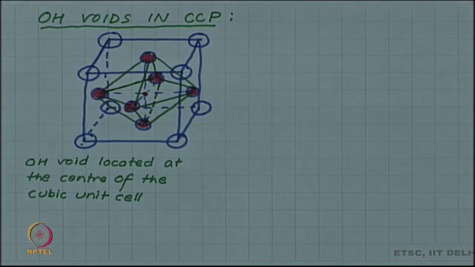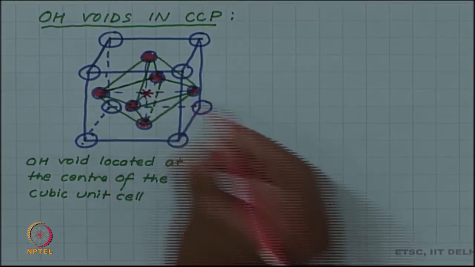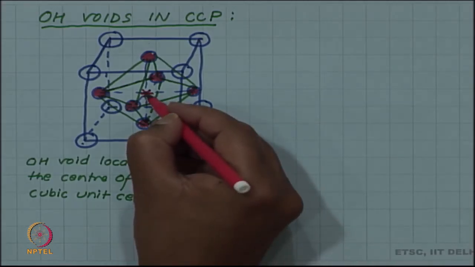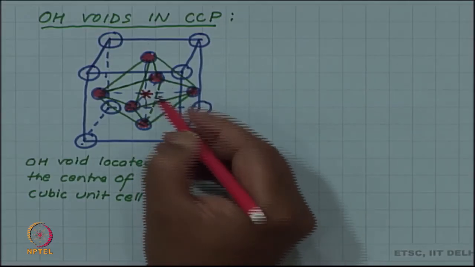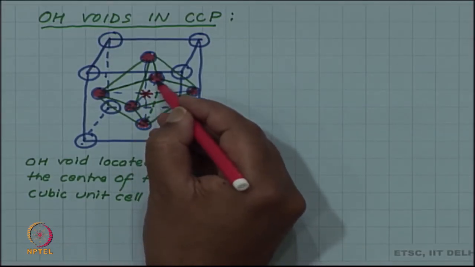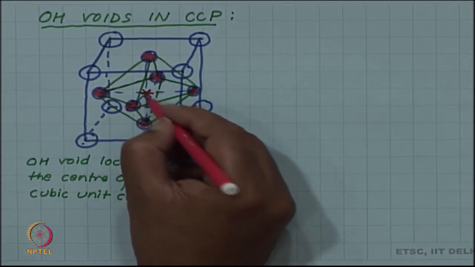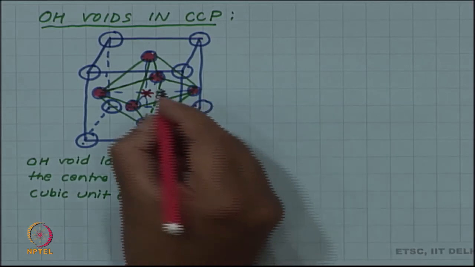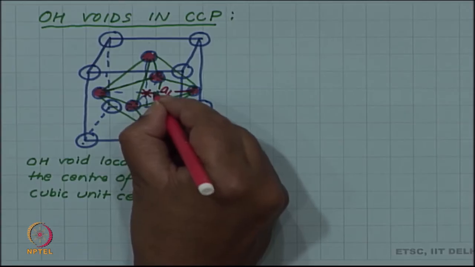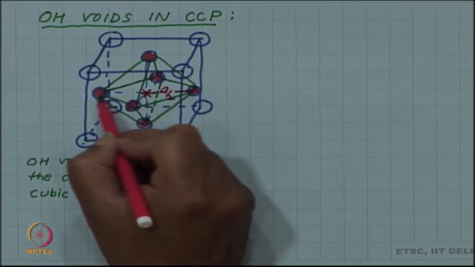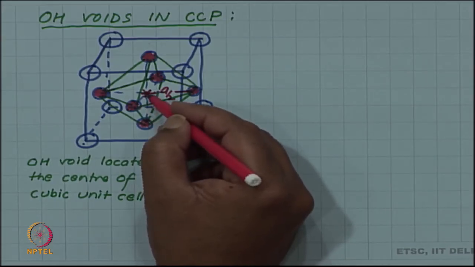Now we are trying to work out the octahedral void in CCP. Interestingly, if you look at the geometry of this centroid, the center of the octahedral void is the center of 6 atoms, one forward, one backward, one on the left, one on the right, one top and one bottom, and each of them is at a distance a by 2. So, a by 2 right, a by 2 left, a by 2 up, a by 2 down, a by 2 front, a by 2 back.